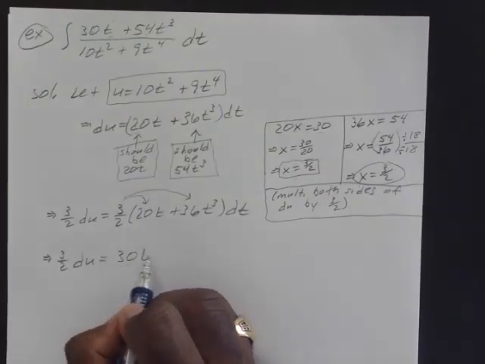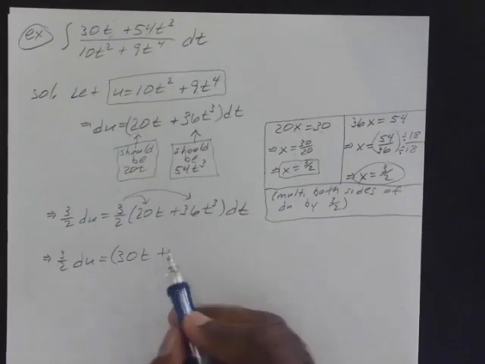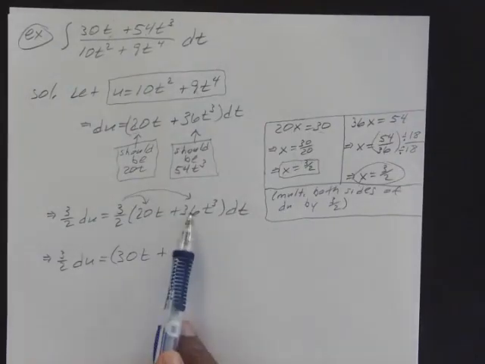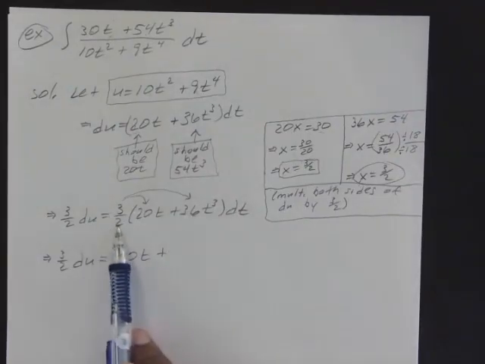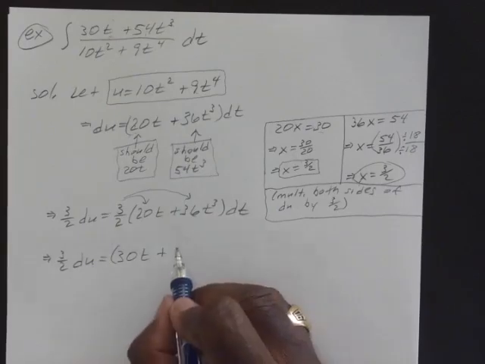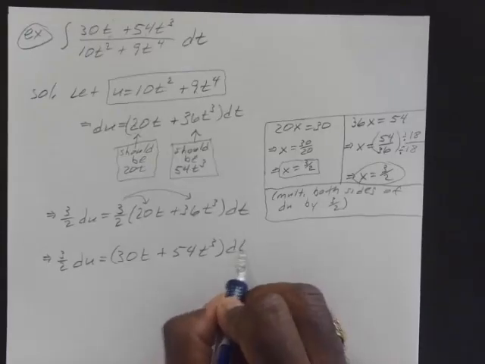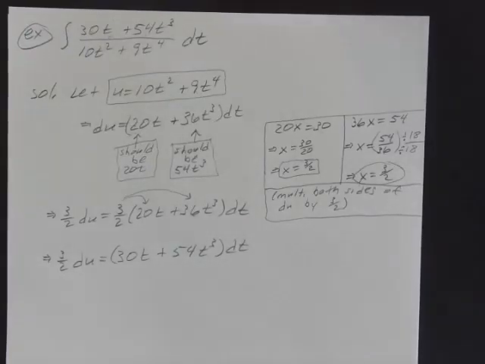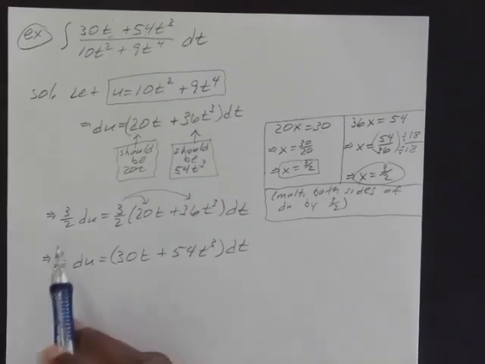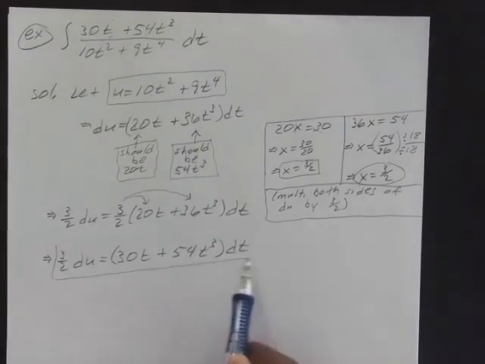So that's 30t plus 36 times 3 divided by 2 will give us 54t to the third power, dt. Okay, so it all matches up.